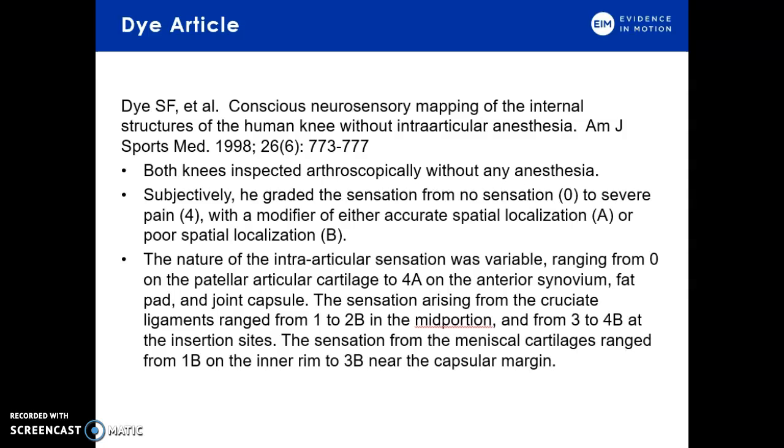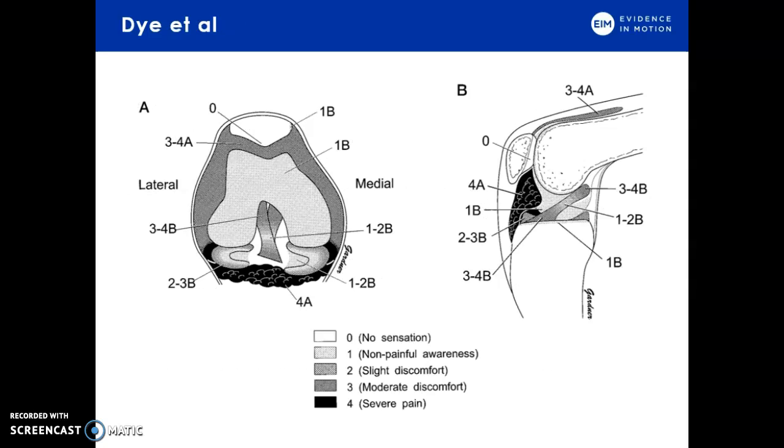And then similar to the meniscal component as well. So it went from 1, so mild and vague at the inner rim, to moderate and vague near the margin of the capsule. So here's some pictures. So you can kind of see that anterior component.